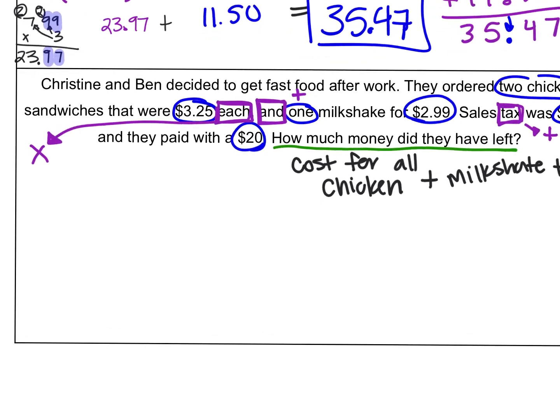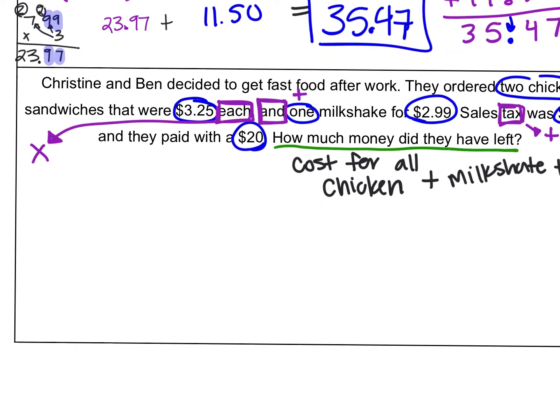So I'm going to start with the cost for all the chicken sandwiches. Okay, they bought 2 chicken sandwiches that were $3.25 each. So to multiply decimals, I'm going to stack them.